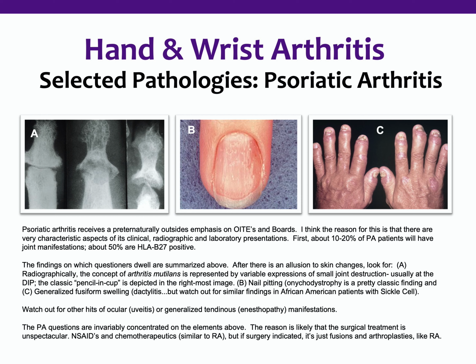Psoriatic does weird things, but frankly, chances are they're going to show you a DIP joint. You can have fusiform swelling of the PIP also, but usually they're going to show you a DIP joint because of the pencil and cup. It might be associated with nail pitting, this onychodystrophy. So just know when you're seeing those things, they're pushing you towards psoriatic arthritis, HLA-B27. You get the idea there.